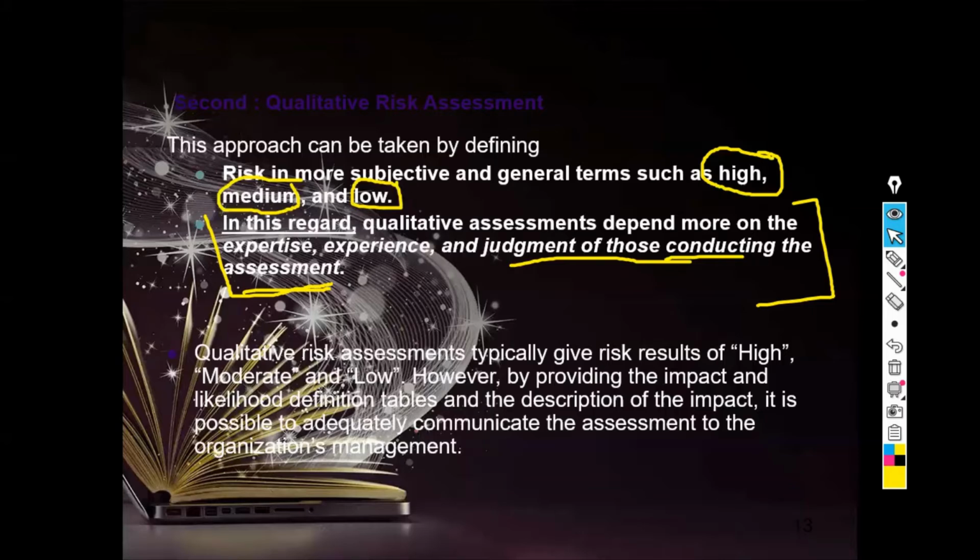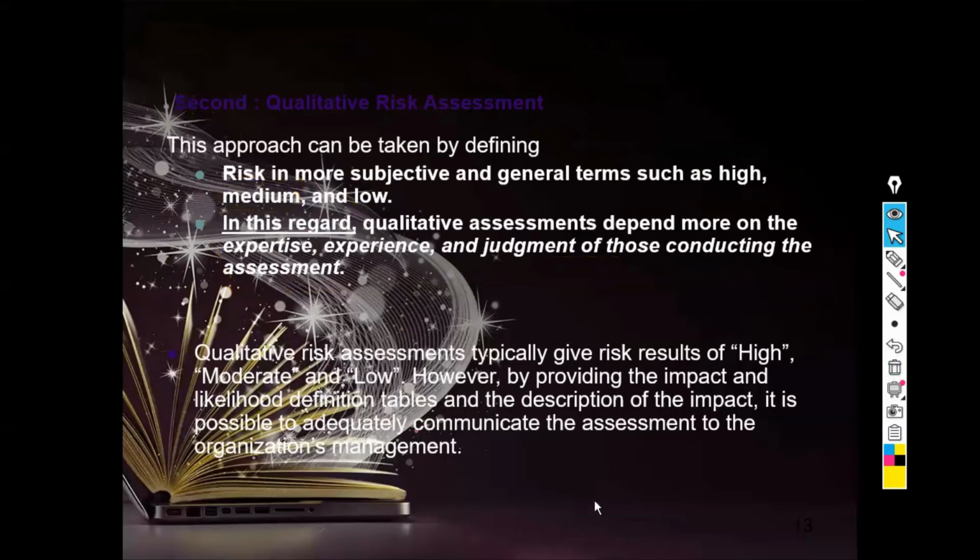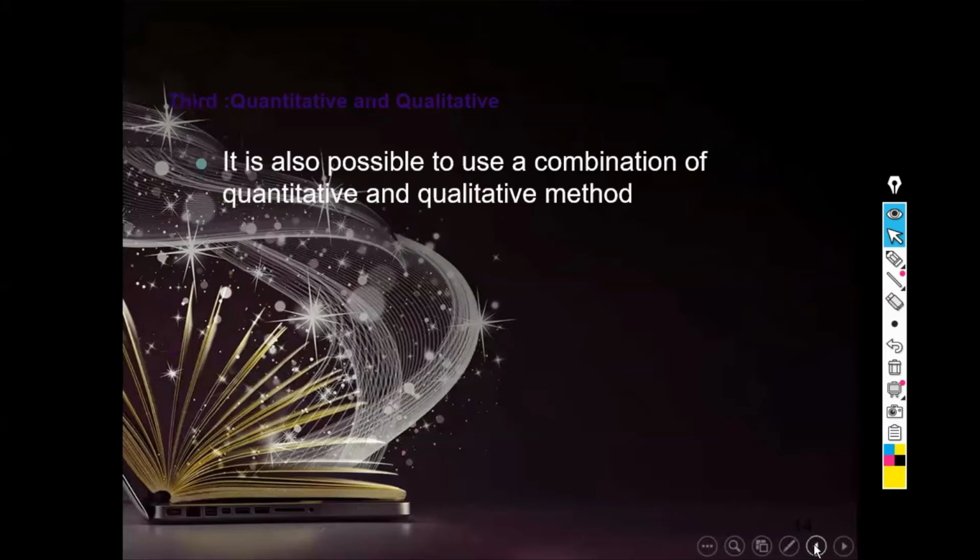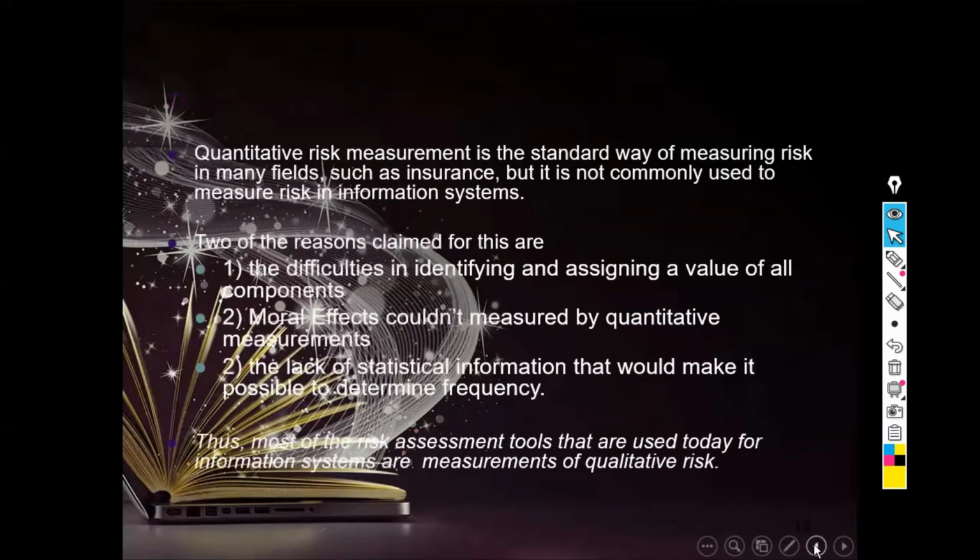In the same way, in the qualitative risk, there is only high, medium, low category. You will say this is a high priority risk and you need to cure it. But what would be the impact to the organization in terms of value? We are not going to know. So this is the difference between the qualitative and quantitative risk approach.